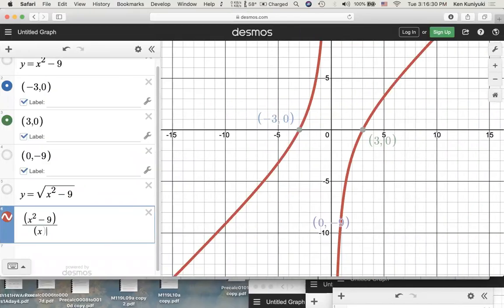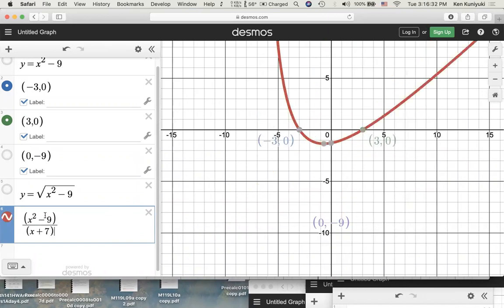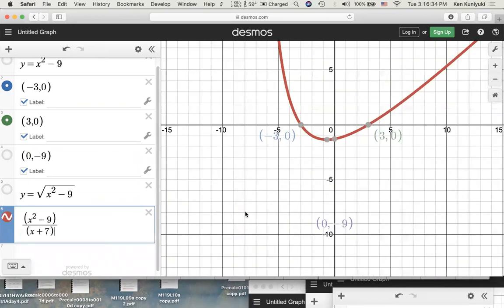This is f of x. And notice, once again, we have the same x-intercepts at (3, 0) over here and at (-3, 0) over here. By the way, these points in gray, we have the y-intercept here and we have a minimum point over here. Interesting.